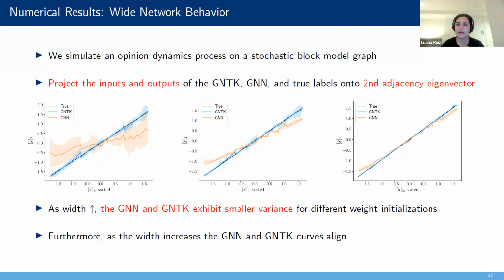So this corroborates the observation that, in the infinite width limit, the GNN dynamics are deterministic and determined by the NTK. And also the GNN and the GNTK curves align, again corroborating this observation. And so this is essentially an empirical manifestation of those theoretical results.